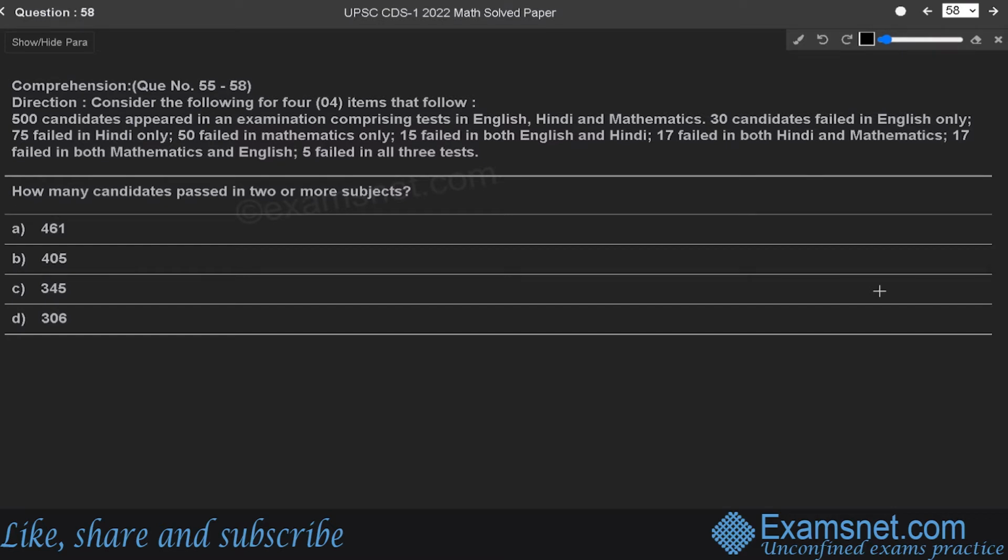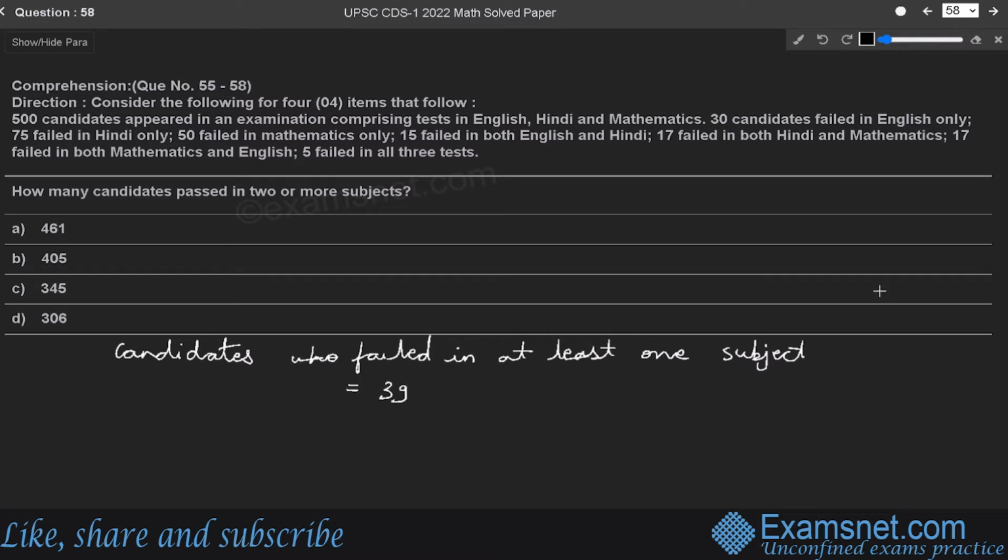So first let us see that how many students or candidates failed in the subjects. So the number of candidates who failed in at least one subject will be, we already know the number of candidates who failed in at least one subject. They are 39.